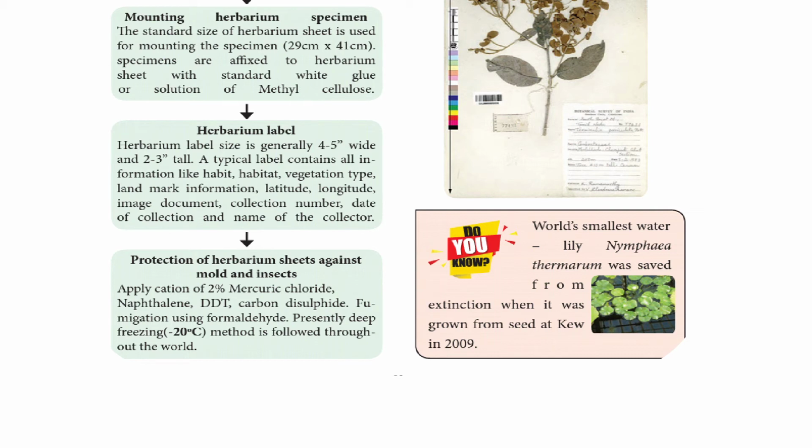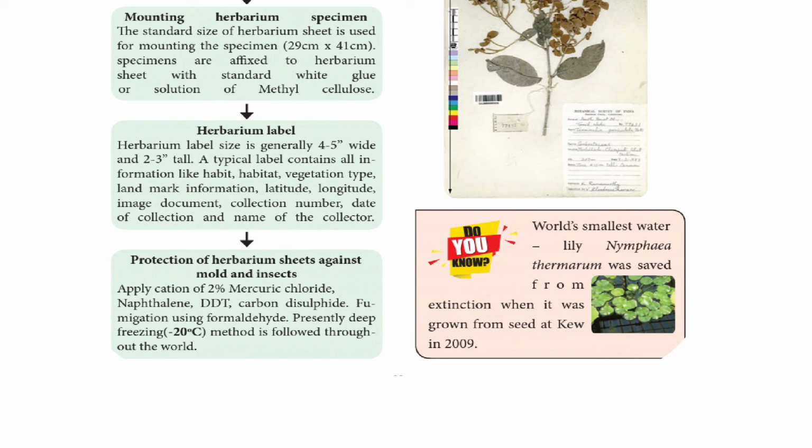After mounting, to protect the herbarium sheet. So the world's smallest water lily, Nymphaea thermarum, was saved from extinction when it was grown from the seed at Kew in 2009.